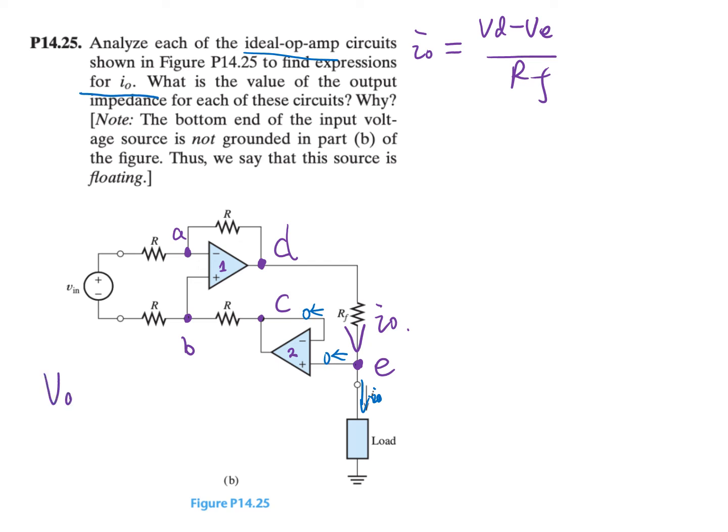So we have VA is equal to V minus and is equal to V plus. That's also equal to VB, so they have the same value. And similarly here for C and E, they are connected to the negative and positive terminals respectively. So VC is equal to V minus, equal to V plus, and is also equal to VE.